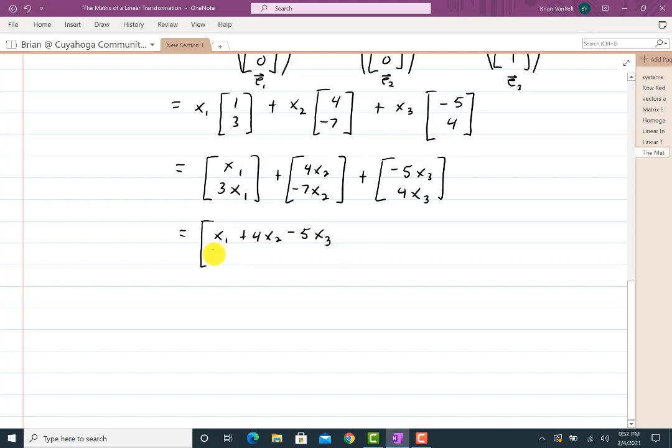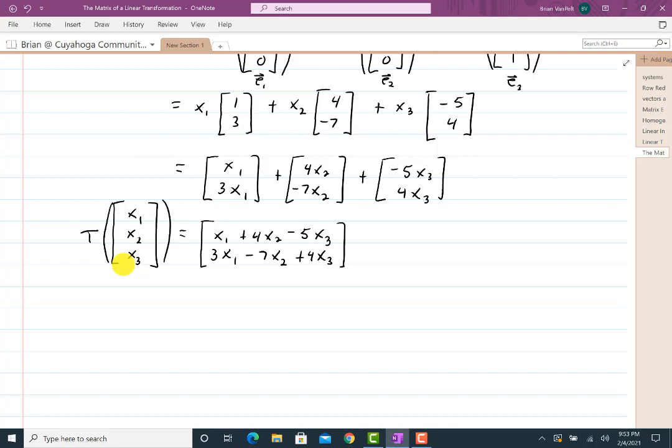Second entry, 3x1 minus 7x2 plus 4x3. And that is T of x. So for a generic x, I now have a formula, and all I needed was two things. I needed to know that it was a linear transformation, and I needed to know what it did to the basis vectors.